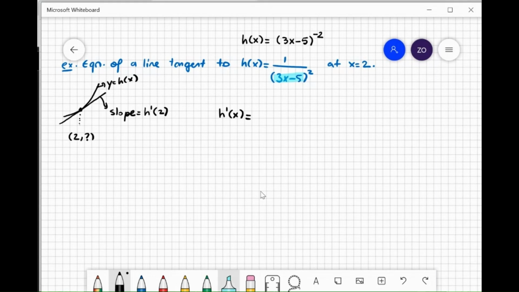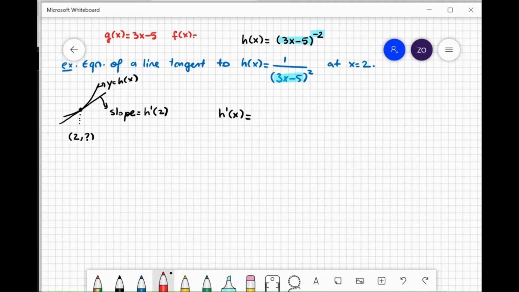So h function is 3x minus 5 to the power negative 2. What is the inside function? We call the inside function g of x. That's correct, 3x minus 5 is what is done first.